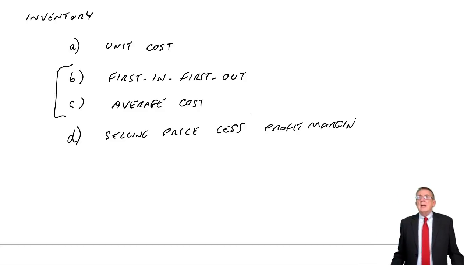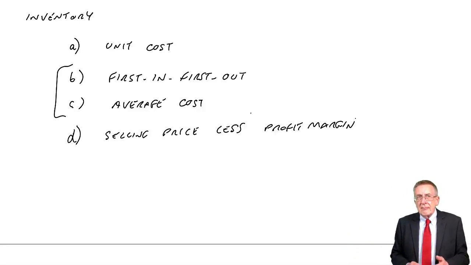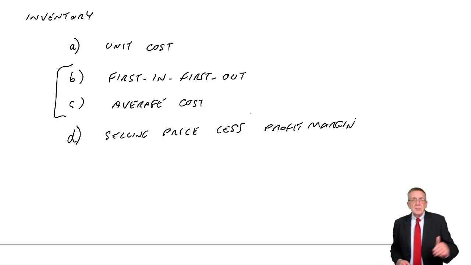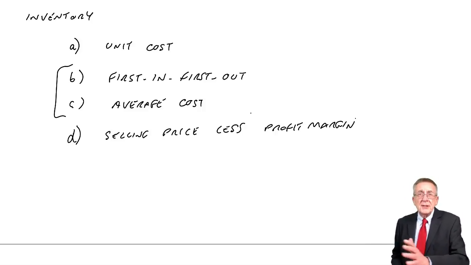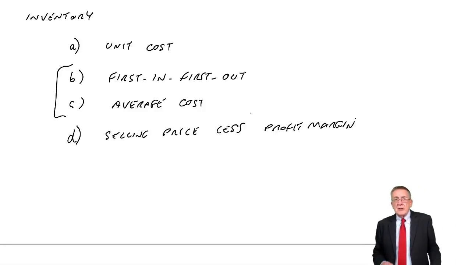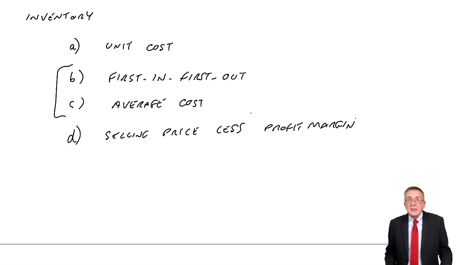If you're a lady and went to a big store to buy a dress, the dresses all have a price on them. This dress may be $100. This dress may cost $80, and so on. So they've all got a price on them, but of course they're the selling prices. And what the store needs when valuing the inventory is the cost.